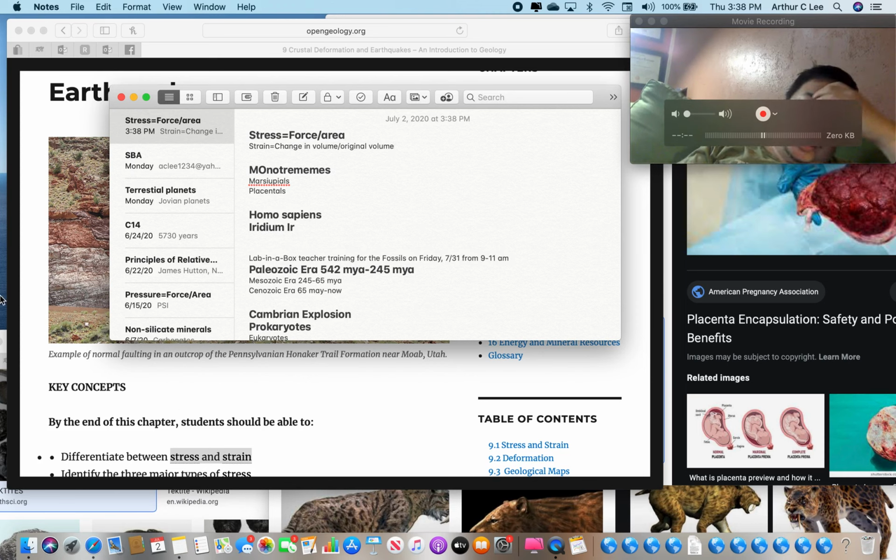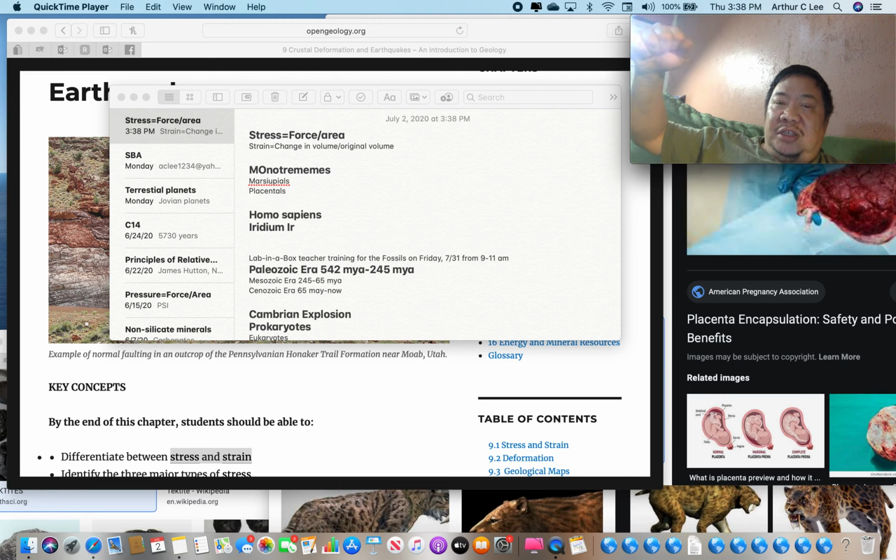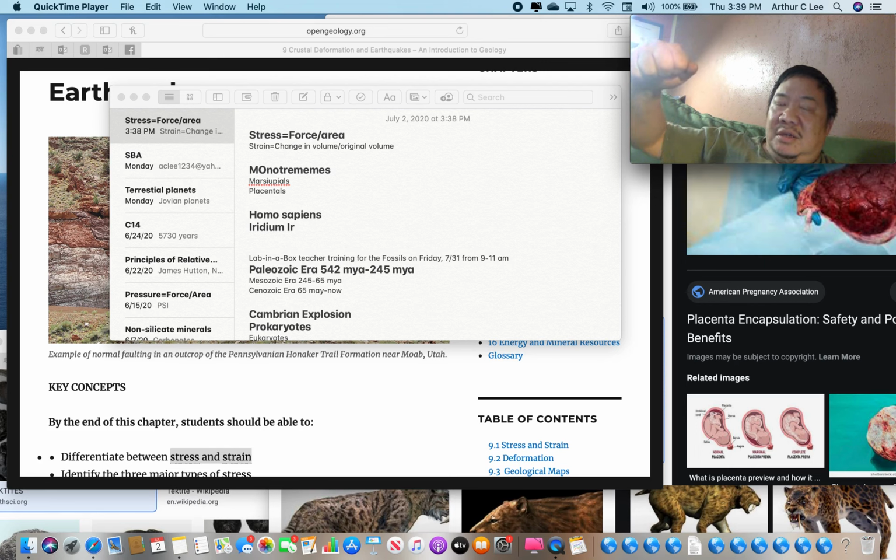I don't have one right now, but imagine I had a rubber band. If I were to pull that rubber band apart, it would change its shape. The more the shape of the rock has changed due to stress, the more strain has occurred.